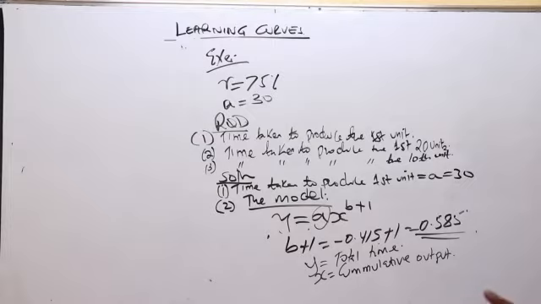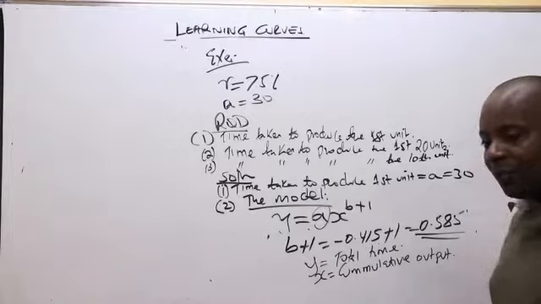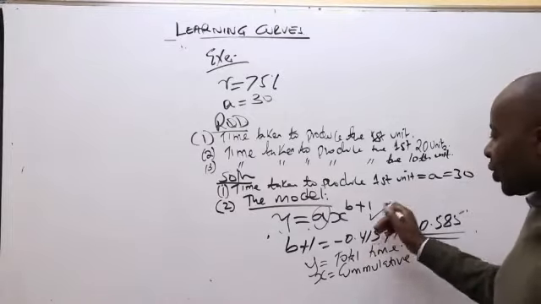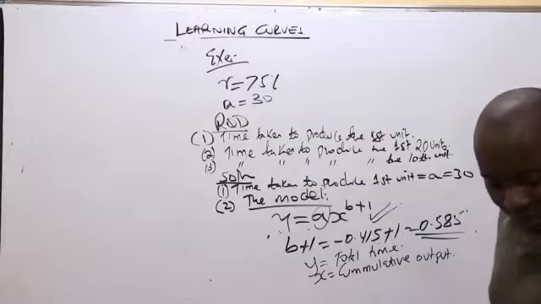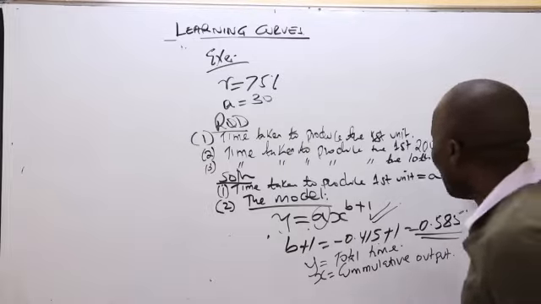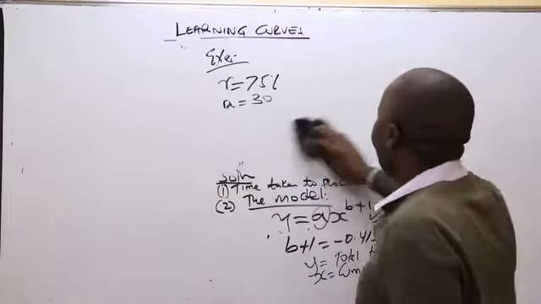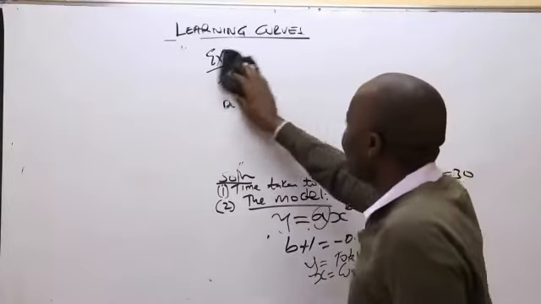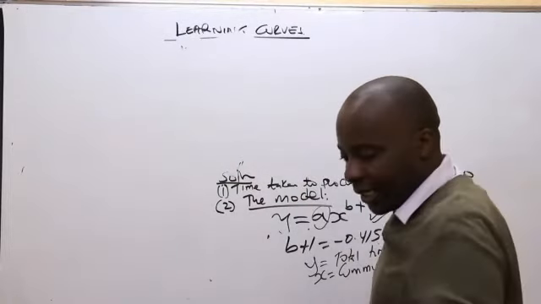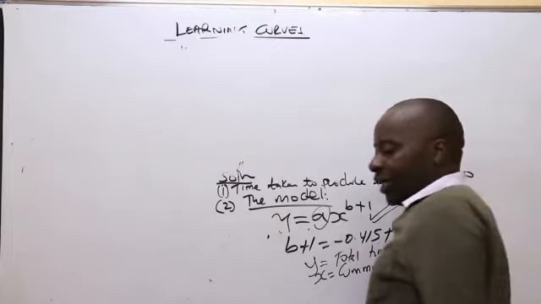Now, could you then do me a favor? Kindly go ahead and plug in the figures to give us the time for 20 units. So here we are, I can see John giving me 173 point something.